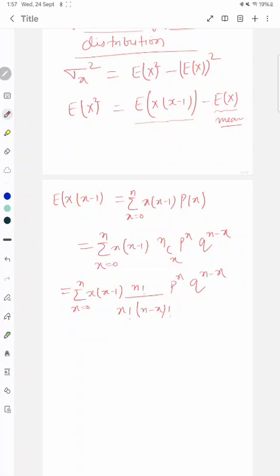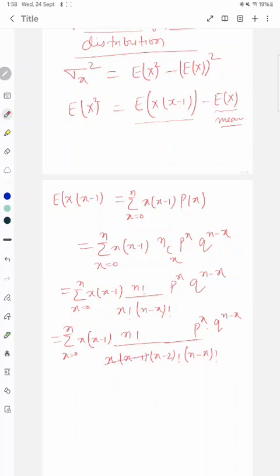Here we break the factorial x in the same way to eliminate x minus 1: x into x minus 1 factorial n by x into x minus 1 into x minus 2 factorial n minus x factorial p^x q^(n minus x).